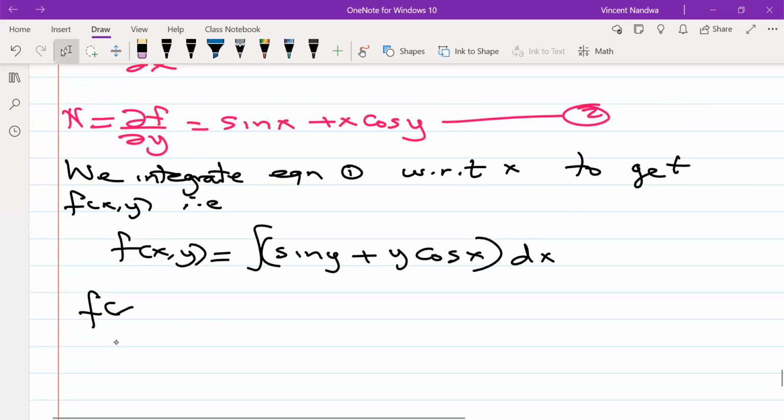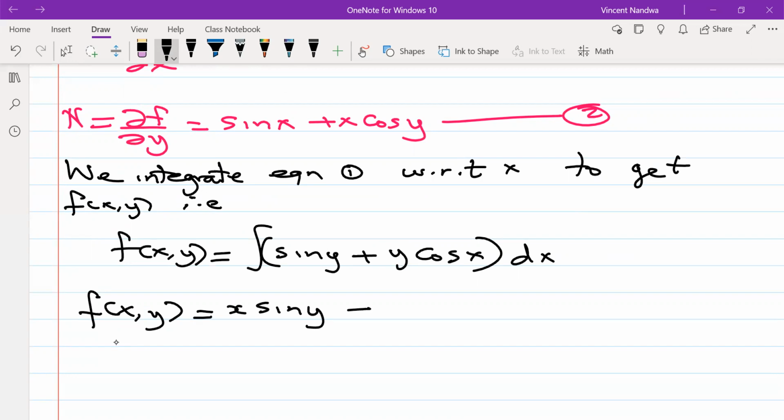So f of x comma y equals to, when you integrate this, you get x sine of y. Remember, sine of y is just like a constant, say 10, because the main variable of integration here is x. So sine of y will give us x, plus when you integrate a cos function, you get a sine function. And then plus a constant of integration, but we write it as a function of y. So call this equation 3.